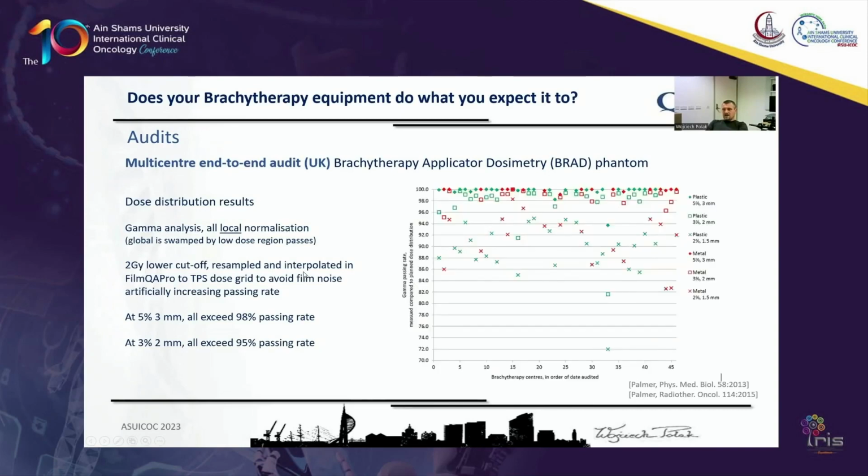That was not too bad, because at 5% 3 millimeter, you can see on the top row, almost all the centers passed. But at 3% 2 millimeter, there were some centers that only got 80% agreement. So it's not always that everything is correct, even when someone tried to deliver the best treatment.